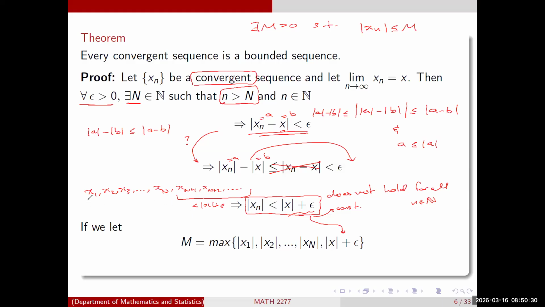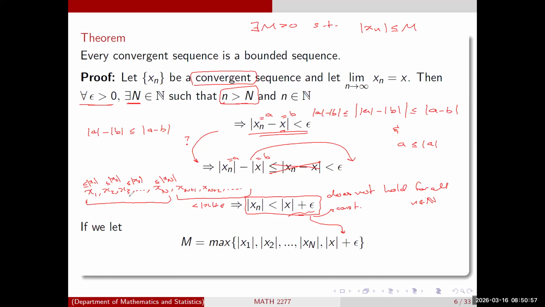So what about all these terms before, these big N terms? Well, x1 is less than or equal to modulus x1, x2 is less than or equal to modulus x2, x3 is less than or equal to modulus x3, and so on, up to x big N, which is less than or equal to modulus x big N.